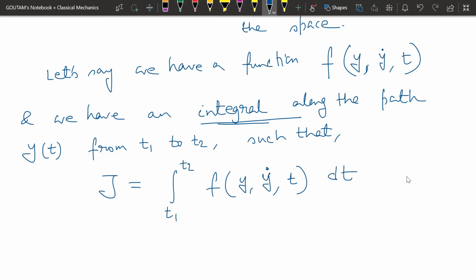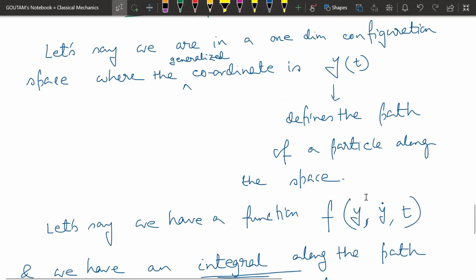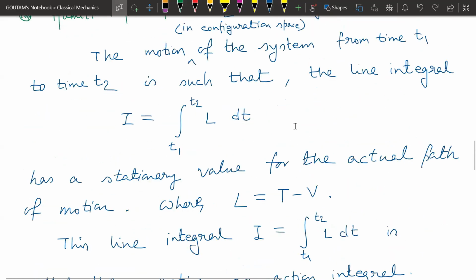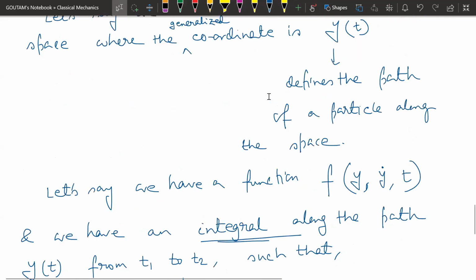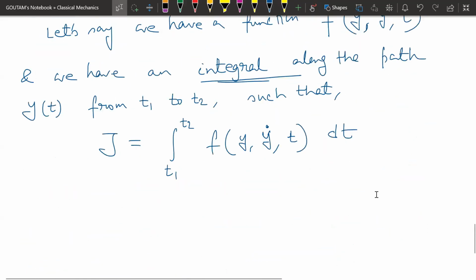This f is kind of the Lagrangian here in Hamilton's principle, and this J is the action integral. We can treat it as the action.